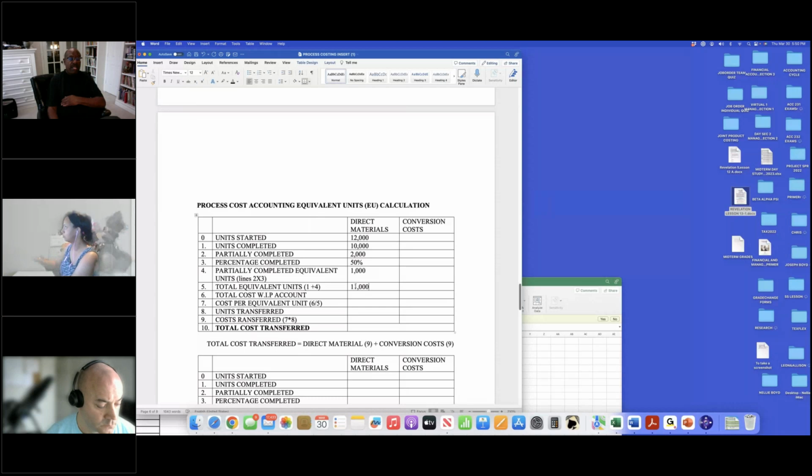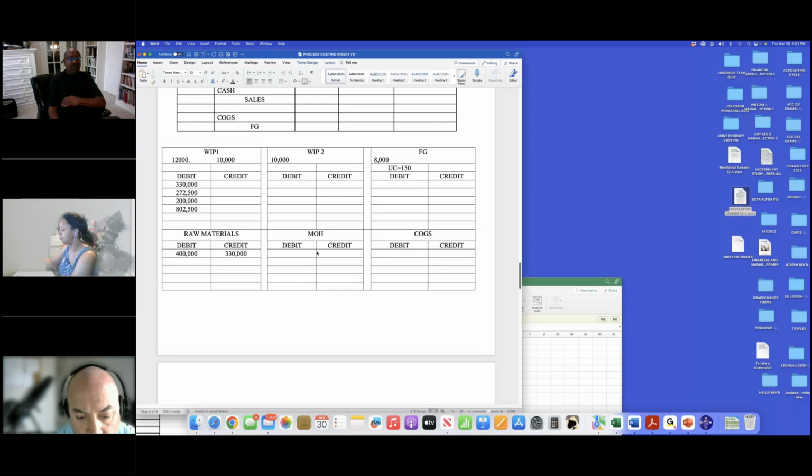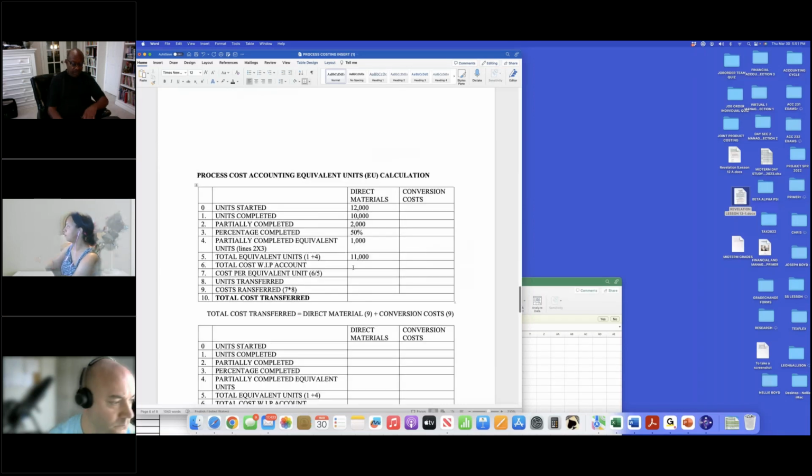Then we go into the work in process account and get the raw materials, which is 330,000. That's number 6. We're just putting the raw materials cost in here. We're going to get the cost per equivalent unit. We divide the units into 330,000.